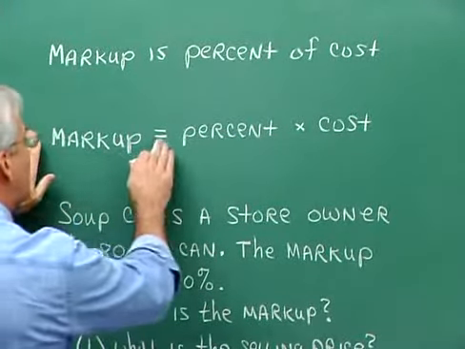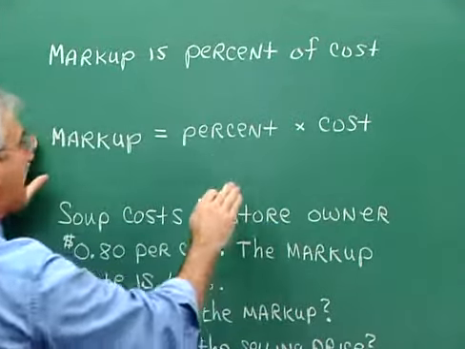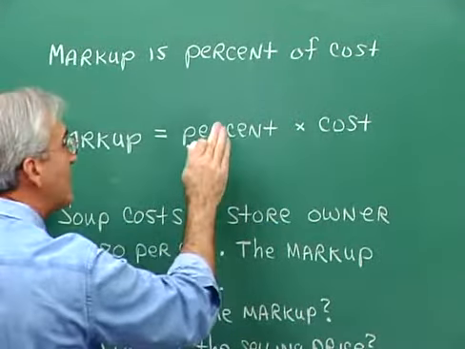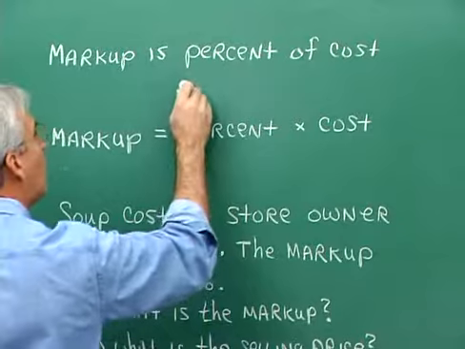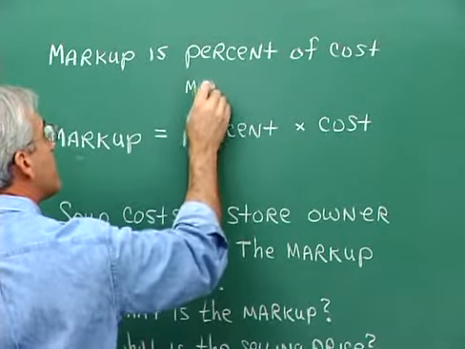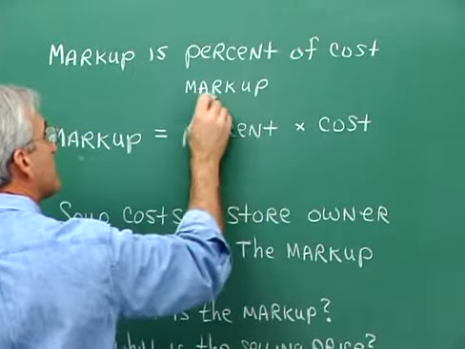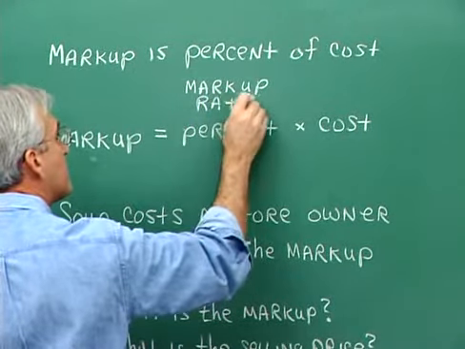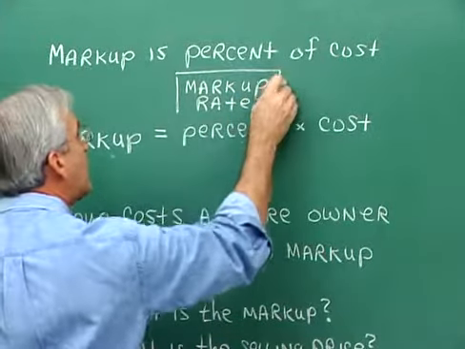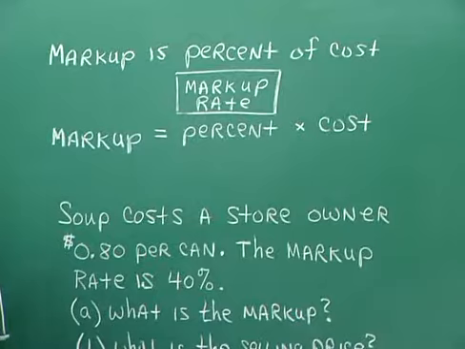So markup is equal to percent times cost. And by the way, this percent is often called the markup rate. The markup rate is in the form of a percent.